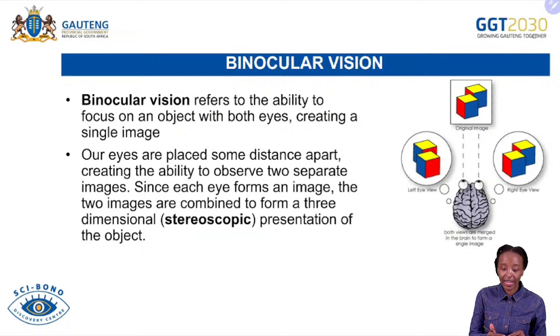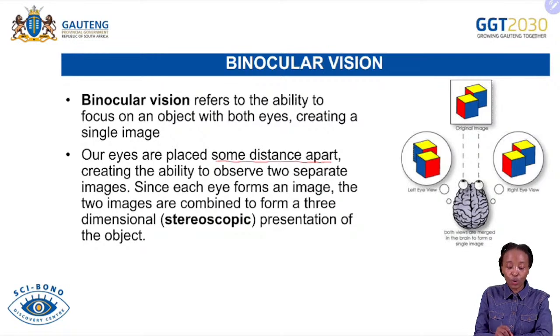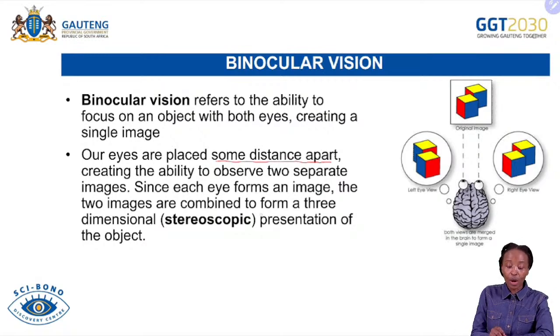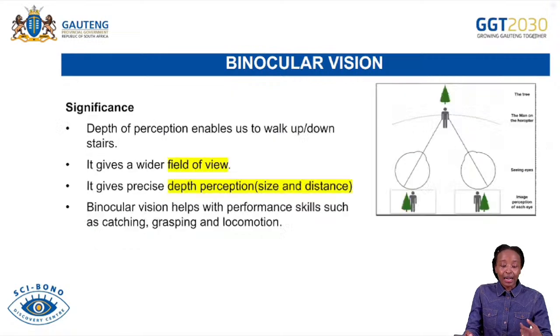So why is that possible? It's because they are placed some distance apart, and this creates the ability to observe 2 separate images. But these two separate images combine to form one image that is 3-dimensional. So why is binocular vision important? Because then we are able to have a field of view.